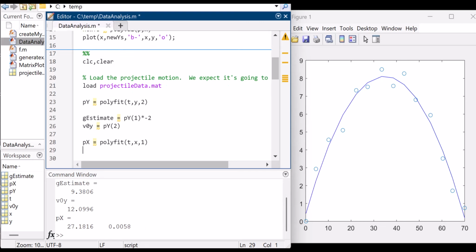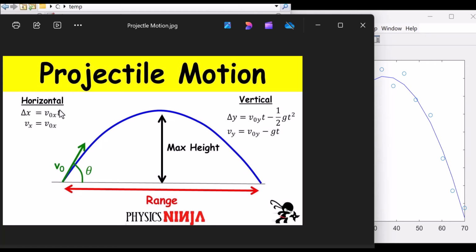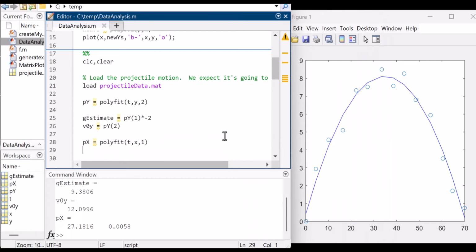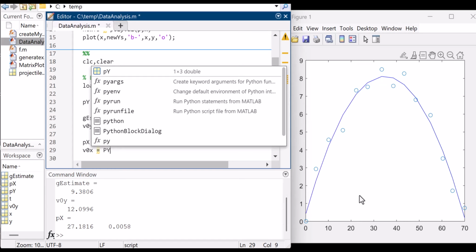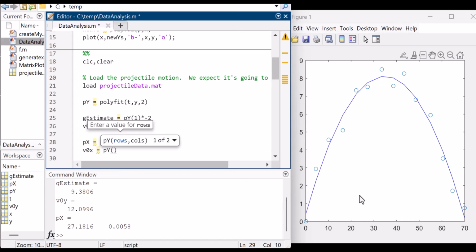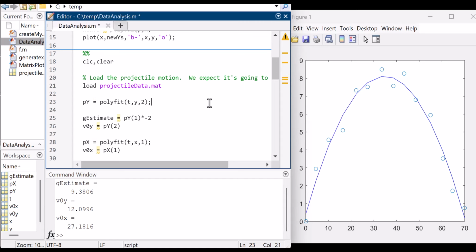And so if it's a linear equation, then the coefficient in front of the t is v naught x. V naught x is px, can't spell, in the first position. So there we go for that. Okay, so I have my estimate for gravity, I have my v naught in the y, and my v naught in the x.